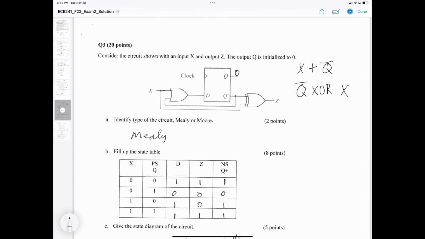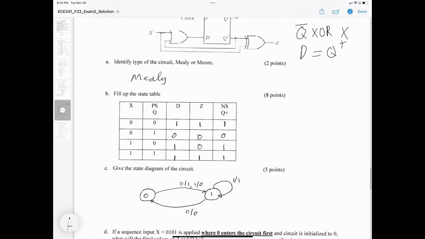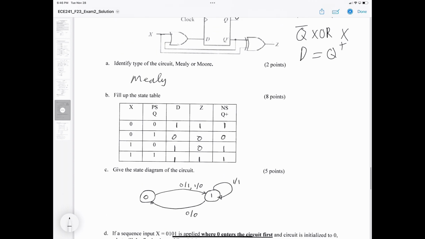And Q bar is just the inverse of Q. And the next state of Q is a function of D. That's always been true for the D flip-flop. So you will use those to fill out that state table. You use that Boolean algebra to plug in values and see what the outcome is, and give the state diagram based on that.